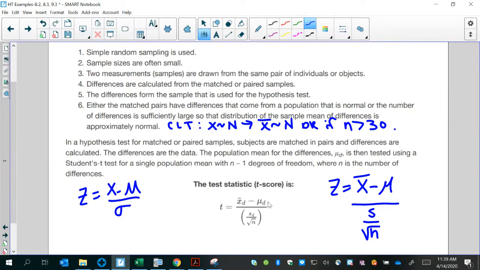And notice this is all really the exact same formula as this one, except it has a t, because we're going to use the t distribution, and we have little d subscripts to remind us that we're doing the differences of pairs.